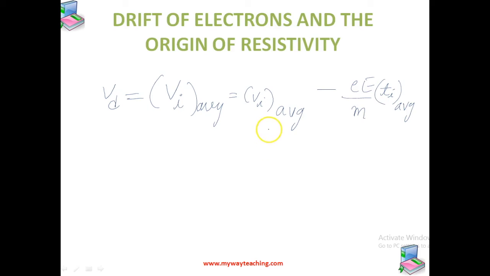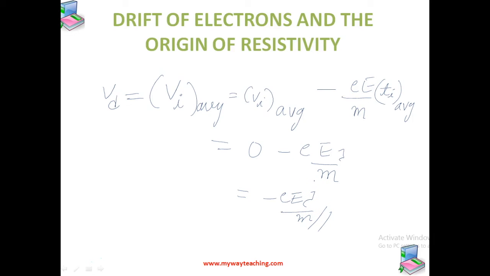We know the first term is 0, so Vd is equal to minus eE tau by m.